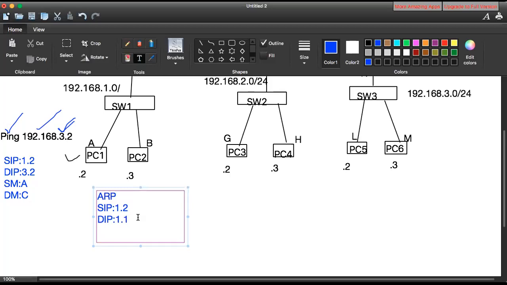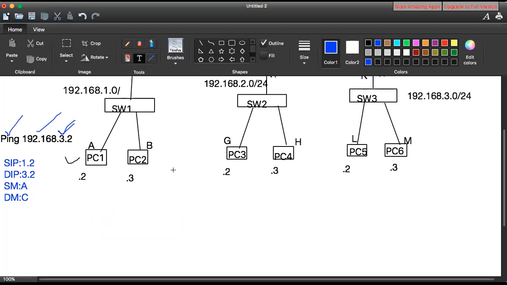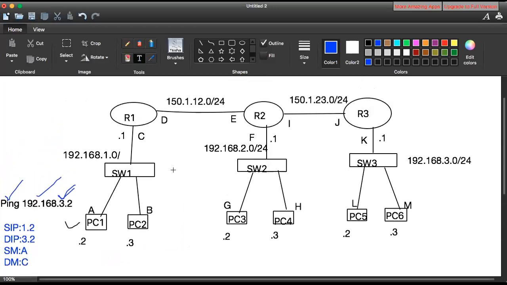Thanks for reminding me, because I was about to skip that. What would be the destination? PC1 wants to learn the MAC address, and here the destination is 3.2, isn't it?